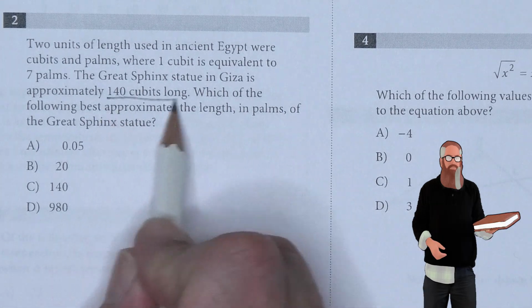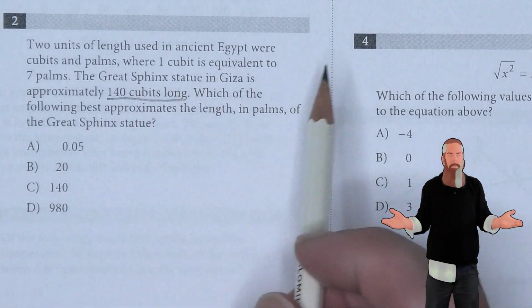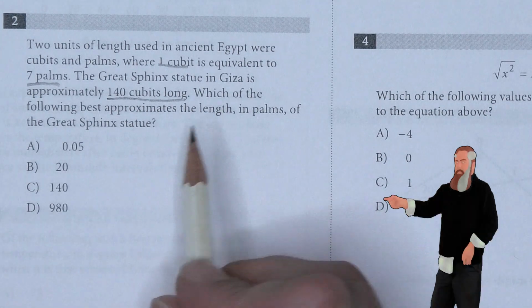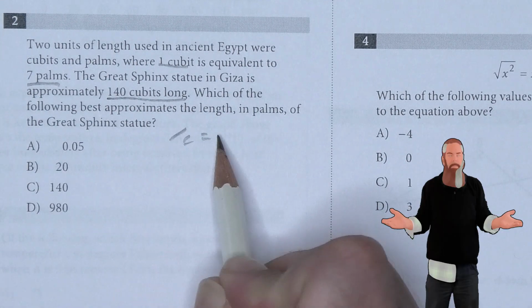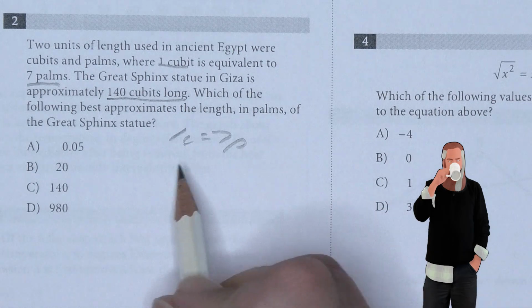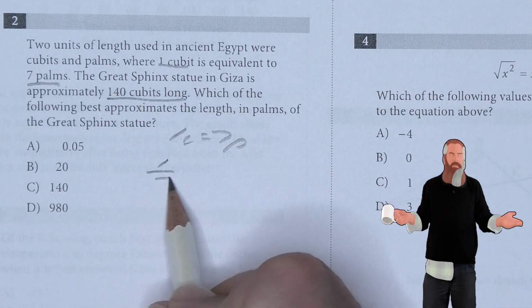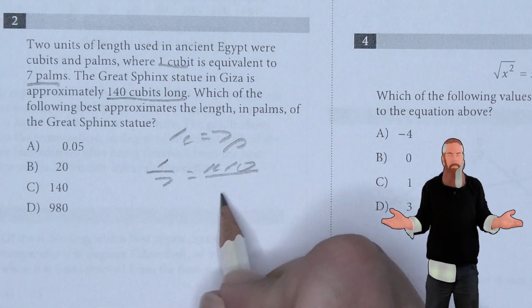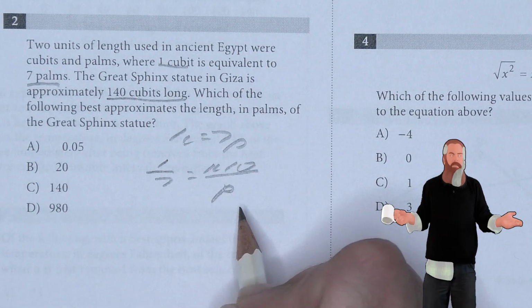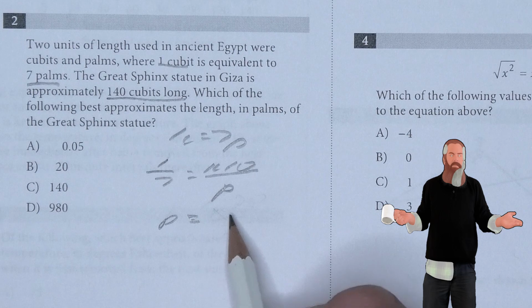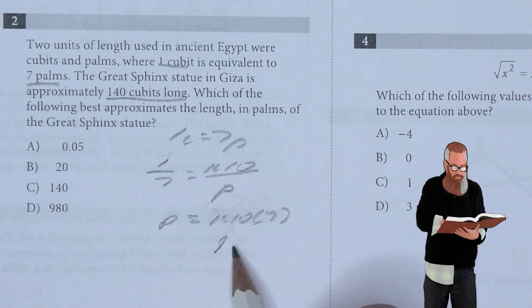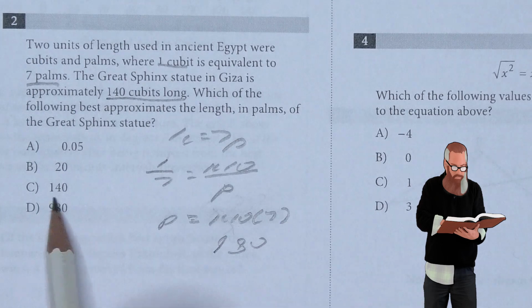So we know that we're dealing with 140 cubits, and 1 cubit is equivalent to 7 palms. So 1 cubit equals 7 palms. This means I could look at 1 over 7 being equal to 140 cubits over p palms. So that's going to give me p is equal to 140 times 7, which is 980, so D is the answer.